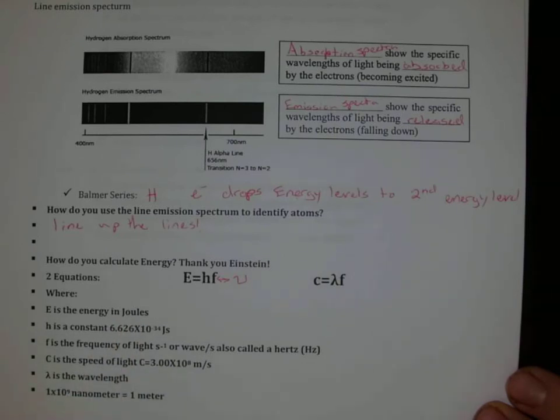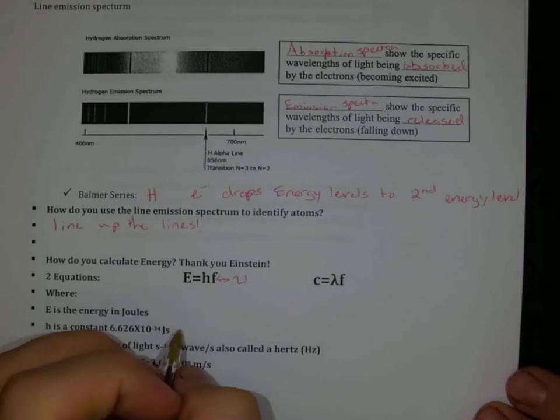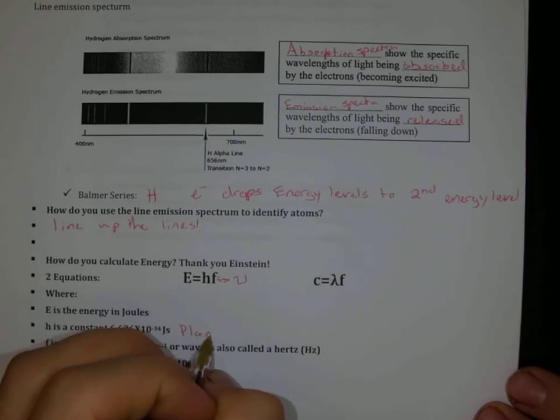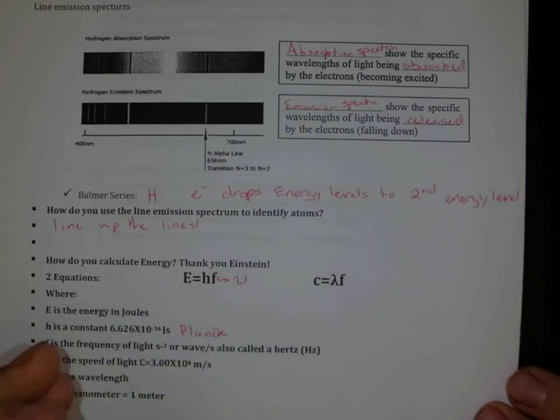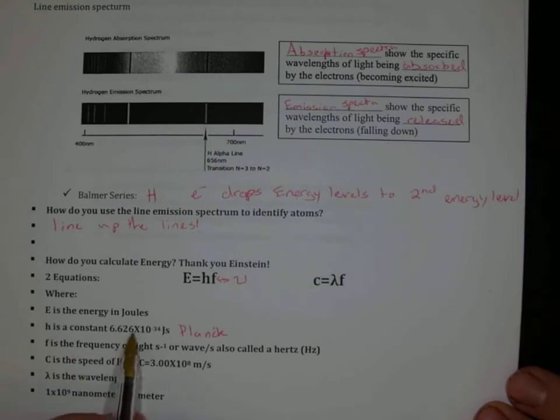h is just a constant. It's called Planck's constant. Planck's constant came out of when we were starting to develop quantum mechanics. And it's 6.626 times 10 to the negative 34th joule seconds.